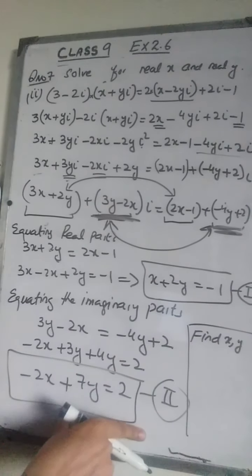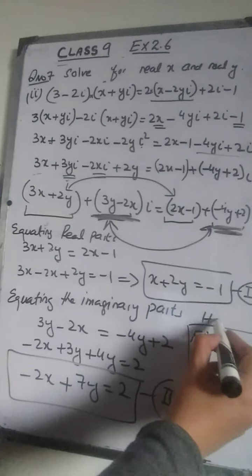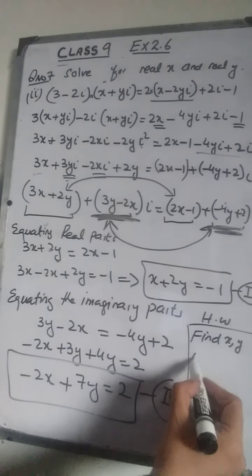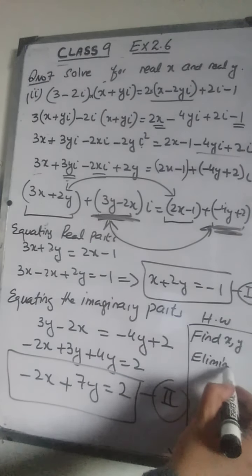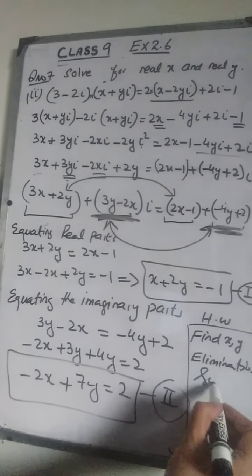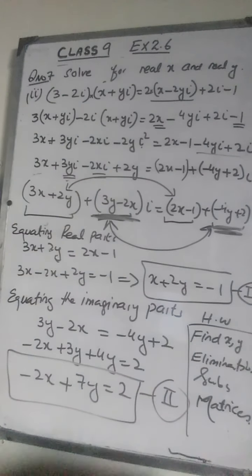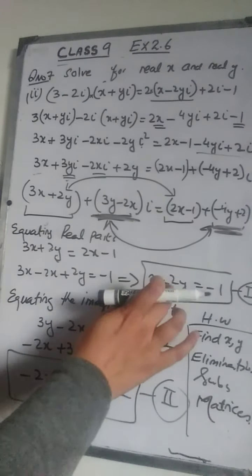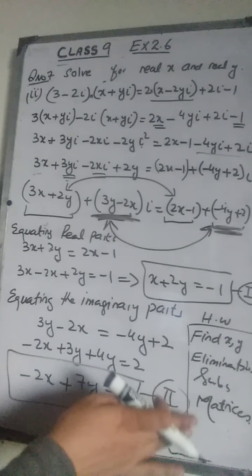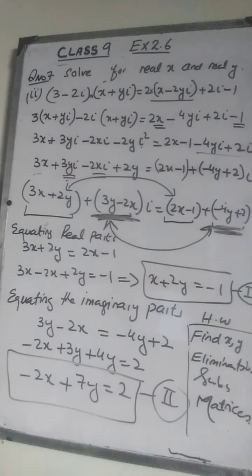The procedure is the same, therefore I am not repeating it. This will be your homework, to find the value of x and y either by elimination method or substitution, or you can use matrices, Cramer's rule also, which is the simplest one. So take these two equations and solve them by any one of these methods. Okay, let's move to the third part.